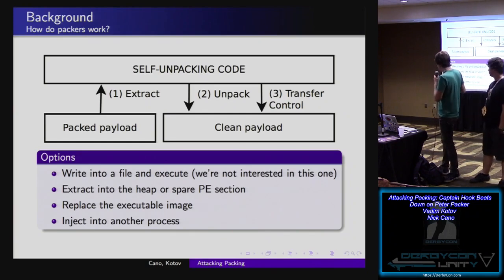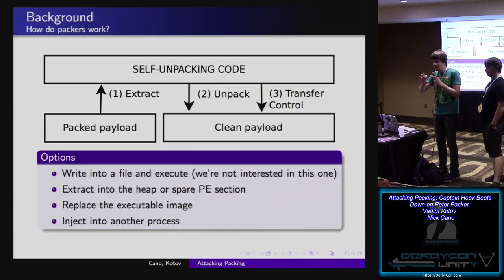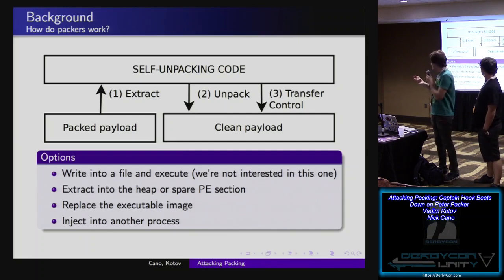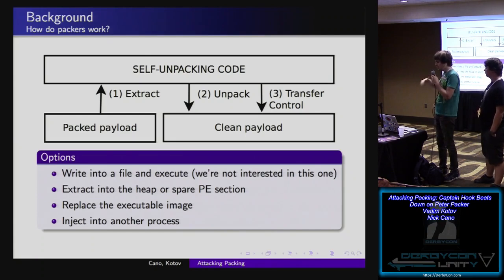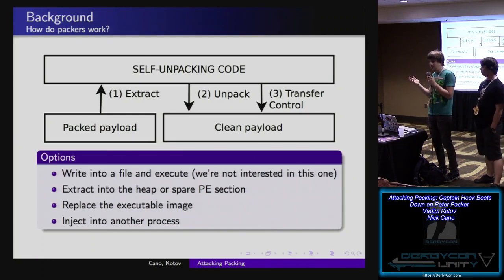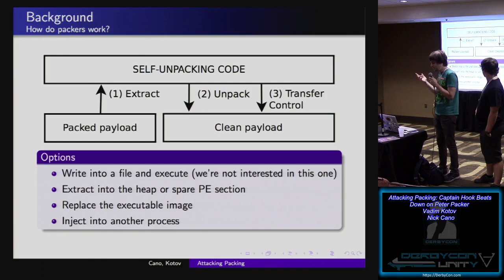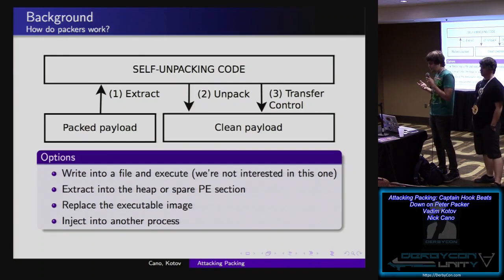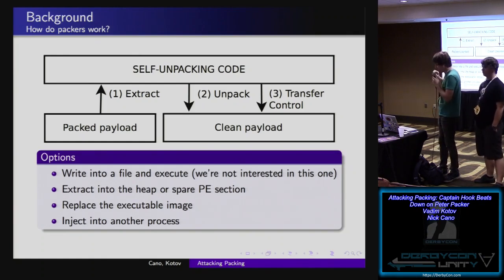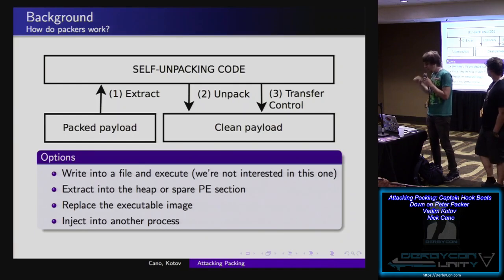First, it can extract to an empty PE section, or it extracts the payload to the heap and then executes from the heap. It can replace the whole executable image, and it can inject into another process. These are 3 generic ways that our tool can handle.